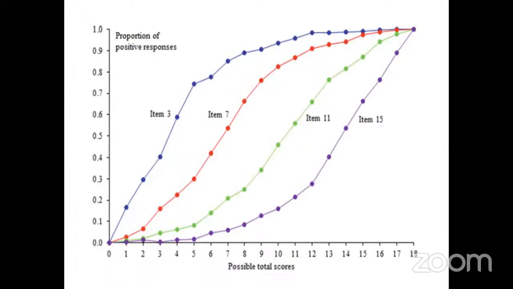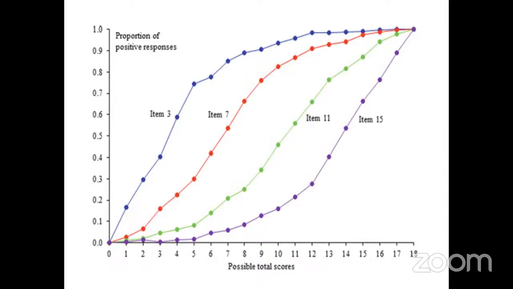Okay, let me explain it again. It's the same thing that we are plotting, but since you have 10,000 people answering the same questions, for each particular score on this 18-item test you are going to get thousands of responses.